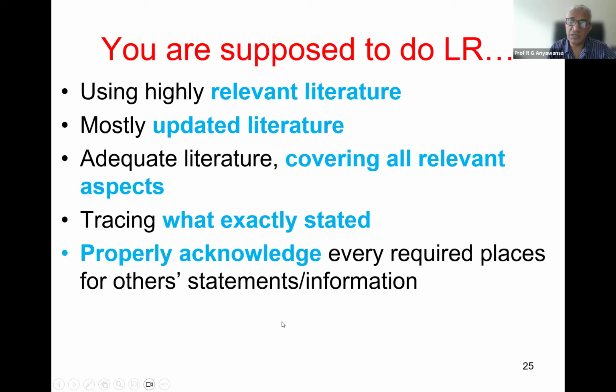For instance, in the middle, they have written within brackets some authors' names and year of publications. That is called citing. And at the end of articles, at the end of textbooks, there's a list of references. What type of articles, what type of textbooks or websites have been utilized. So likewise, you have to properly acknowledge it. So we teach you how to do this.